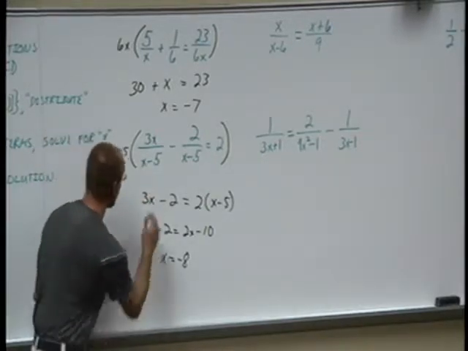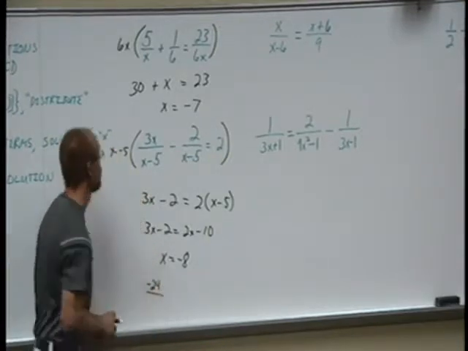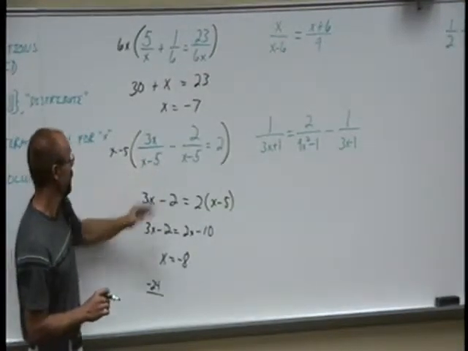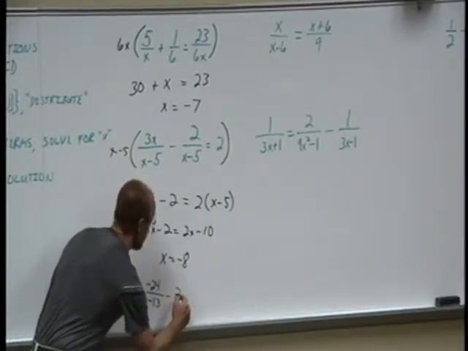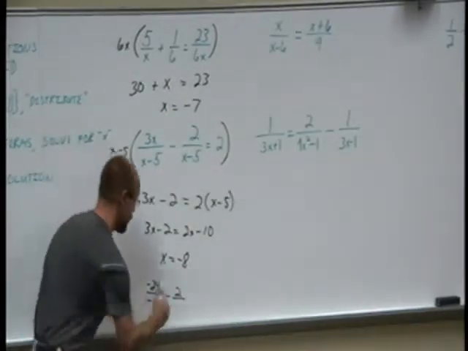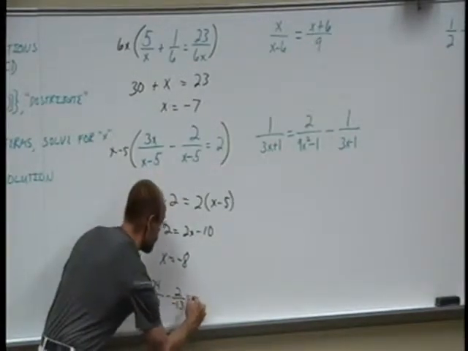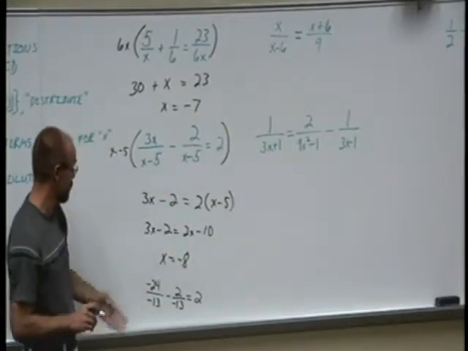So we get 3 times negative 8 is negative 24. Negative 8 minus 5 is negative 13, minus 2, over negative 8 minus 5 is negative 13, and 2 is 2. Let's see if this is a true statement.